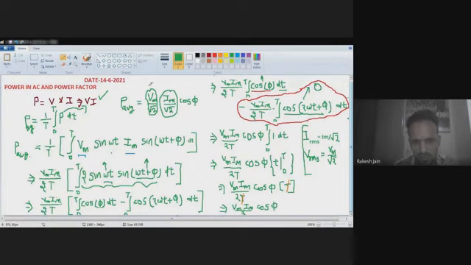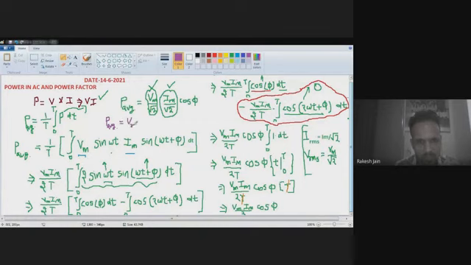So on this MS Paint file, this Vm upon root 2 will behave as Vrms, and this Im upon root 2 will behave as IRMS. That's why the final formula I am going to write down with this purple color: the average value of power for the AC is Vrms IRMS cos phi.